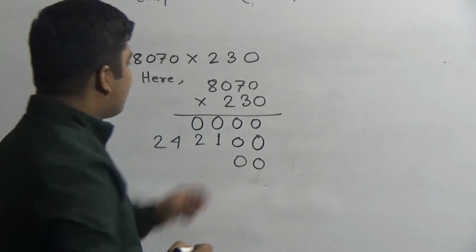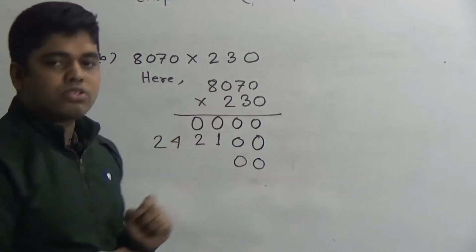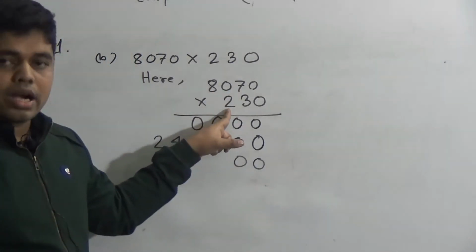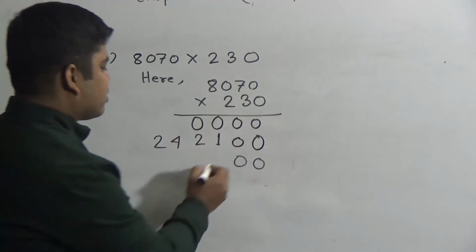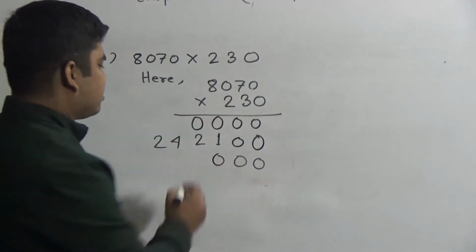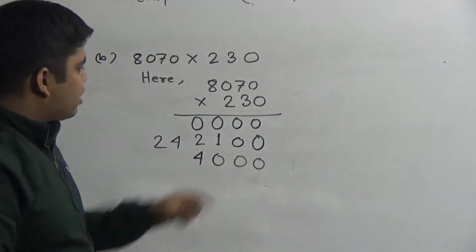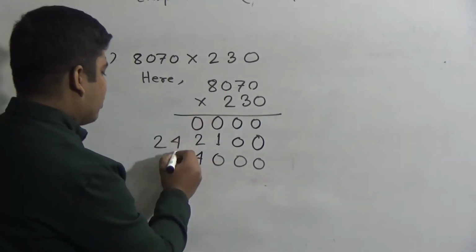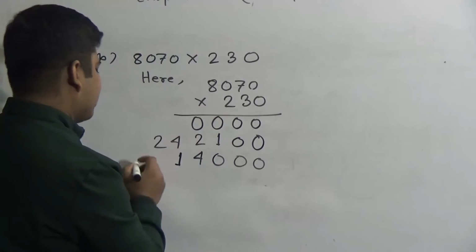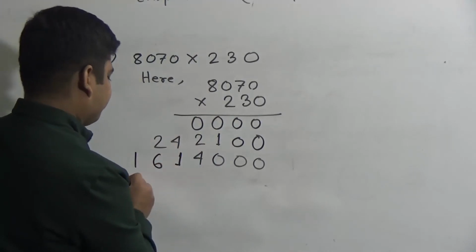Then we shall multiply 8070 by 2. That means which is in hundreds place. So 2 zeros 0, 2 sevens are 14, carrying 1. 2 zeros 0 plus 1, 1, and 8 twos are 16.